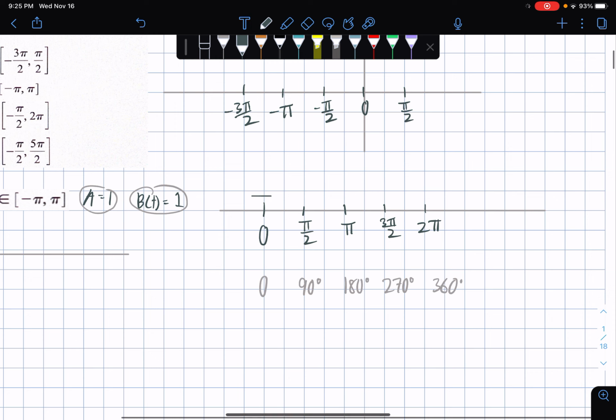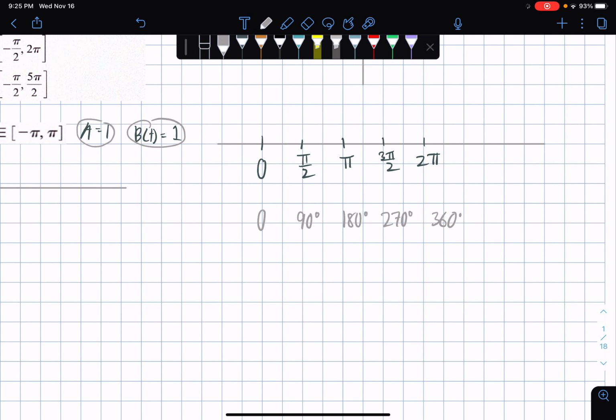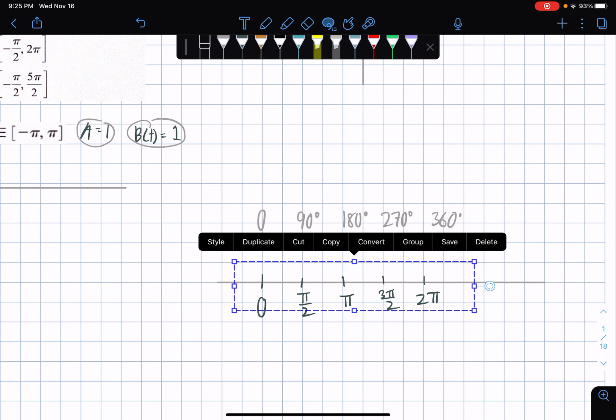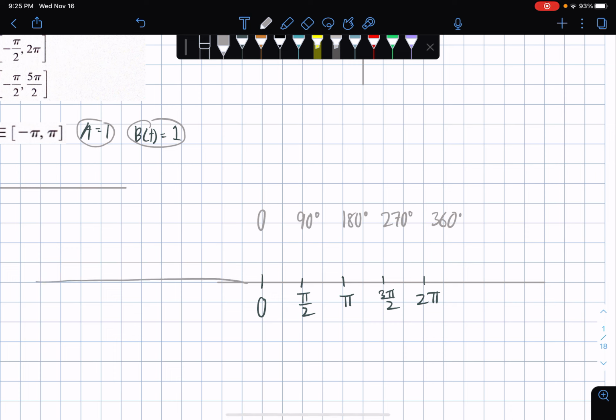If this is the right side of the x-axis, what's on the left side? Let's extend this more. So the negative side: negative pi over 2, negative pi, negative 3 pi over 2, and negative 2 pi. So they basically translate to negative 90 degrees, negative 180 degrees, negative 270, negative 360.